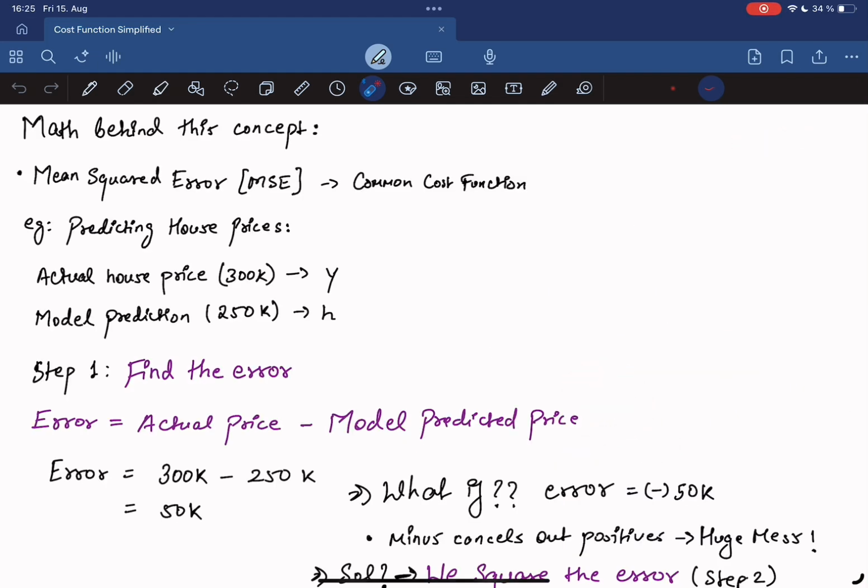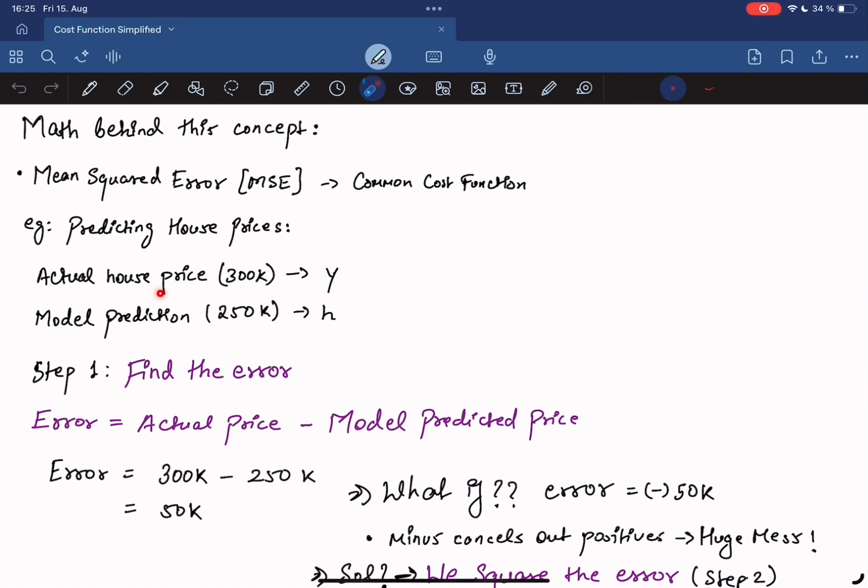Now let's talk about the math behind this concept. We're going to take mean squared error, which is the most common cost function and widely used in industries. I'm going to divide finding the mean squared error into 3 simple steps, using an example of predicting house prices.